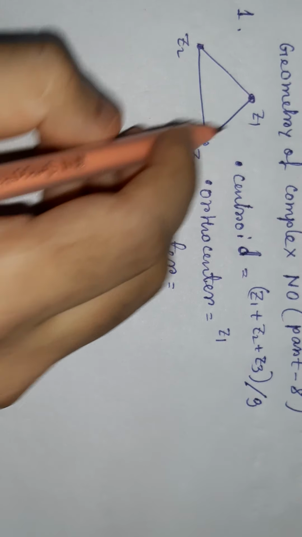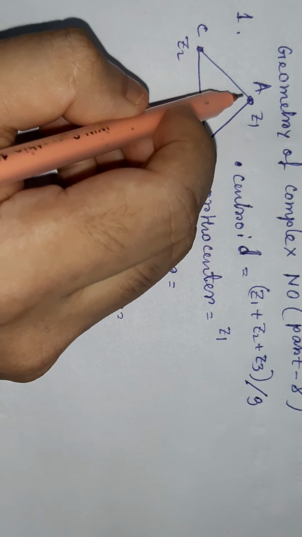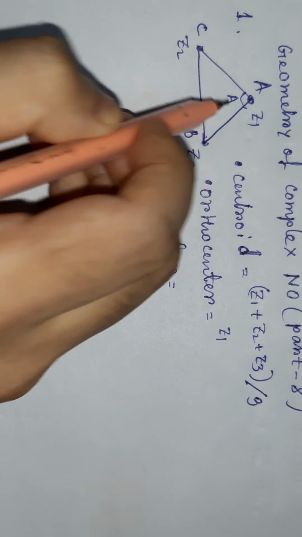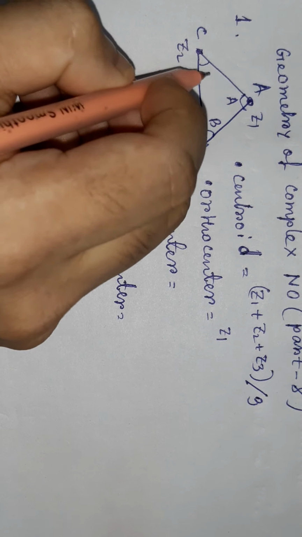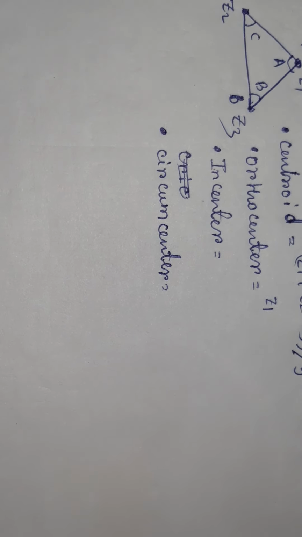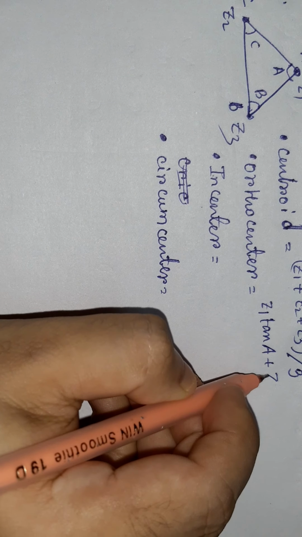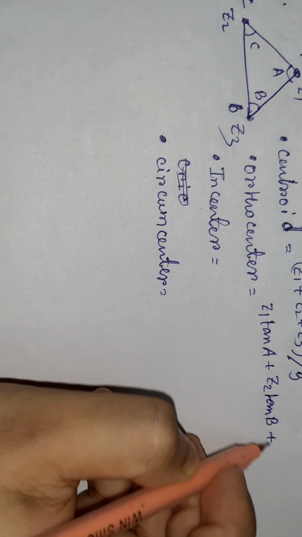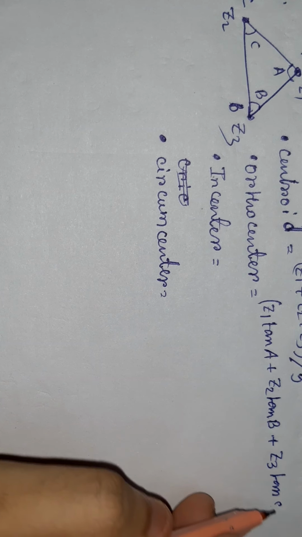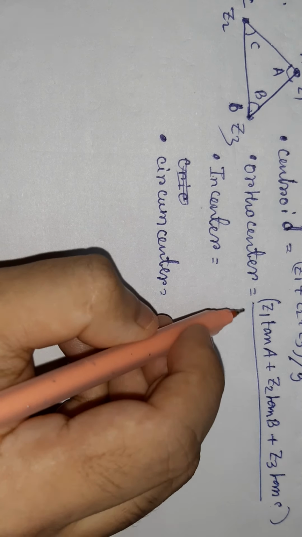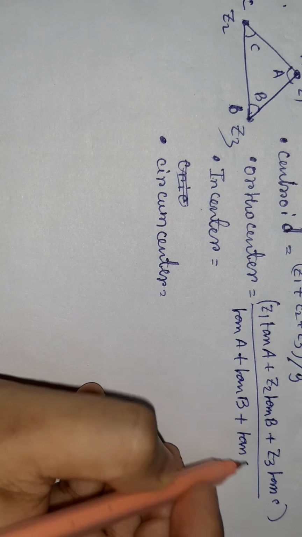We can name these vertices as A, B and C, and the angle at vertex A we can call angle A, at vertex B angle B, and at vertex C angle C. So the coordinate of the orthocenter will be z1 tan A plus z2 tan B plus z3 tan C, whole divided by tan A plus tan B plus tan C.